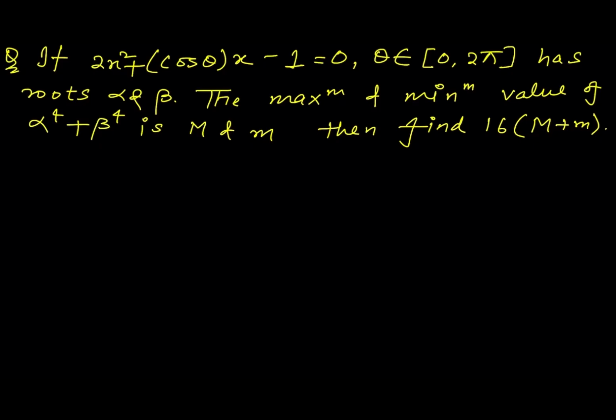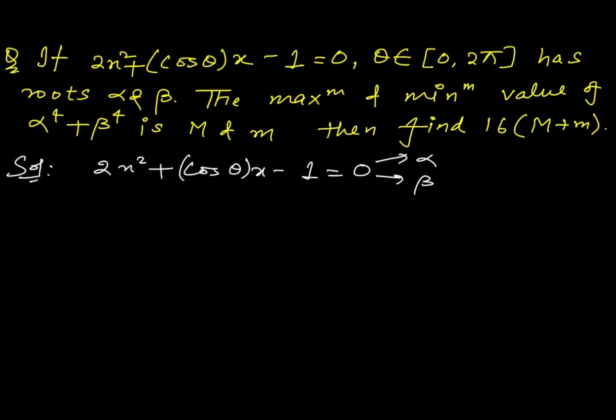So let's start. Students, the question is: if 2x² + cosθ·x − 1 = 0, where θ belongs to [0, 2π], has roots α and β, and the maximum and minimum values of α⁴ + β⁴ are M and m, then find 16(M + m). In the question it is given that α and β are the roots of this quadratic equation.